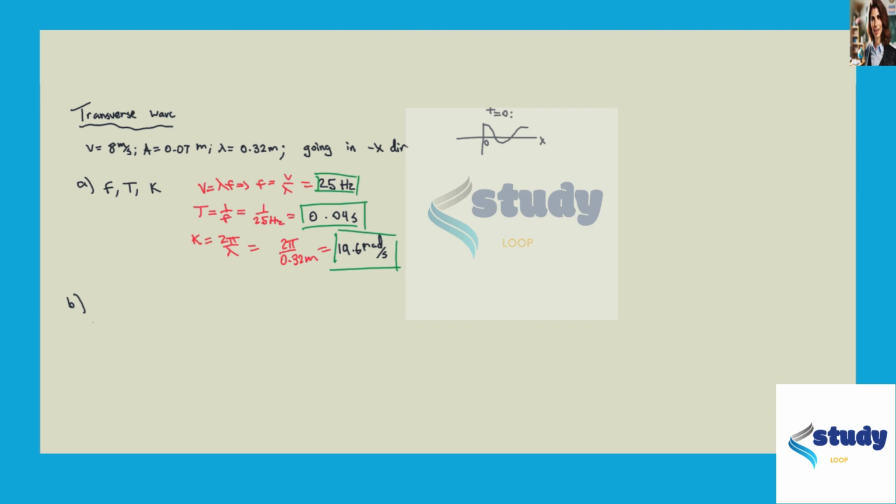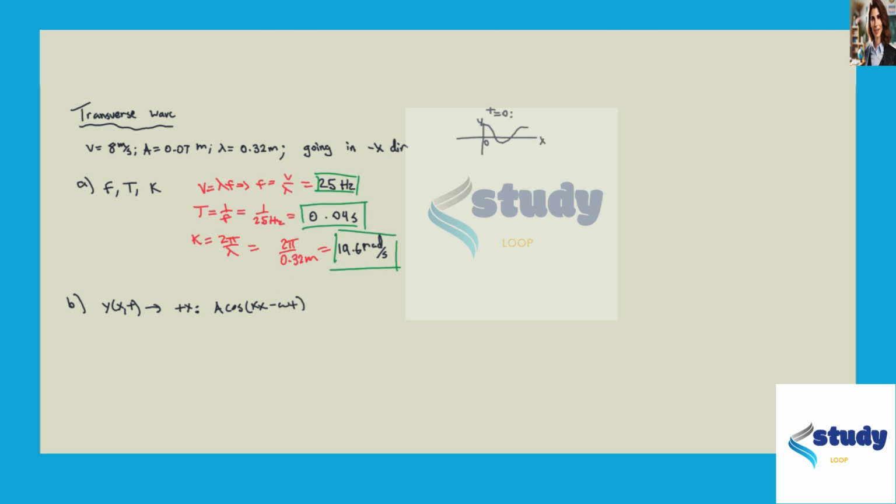We want to write the wave function describing the wave. So if this is the y direction, we want to write y of x and t. So remember that for traveling transverse waves, traveling in the plus x direction, our equation is a cosine of kx minus omega t.